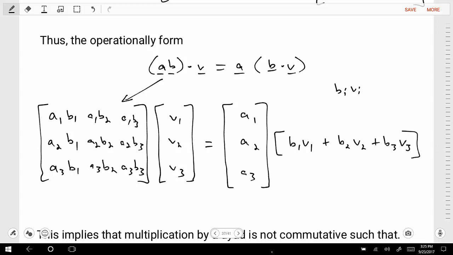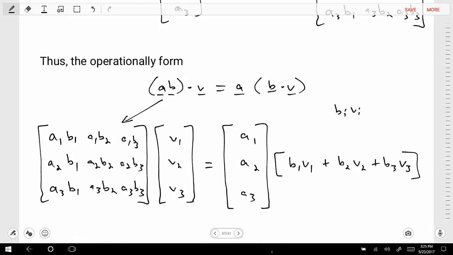That is our scalar product. So when we perform these operations, we're able to build up the solution to this operation, which is in the end a vector.